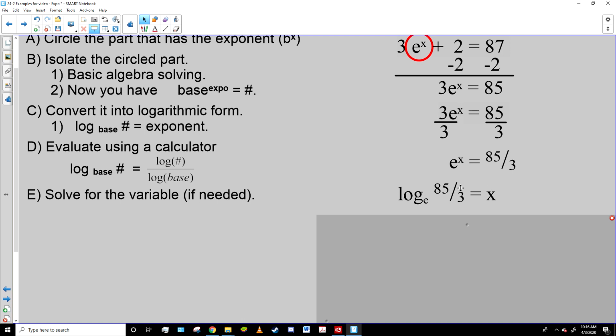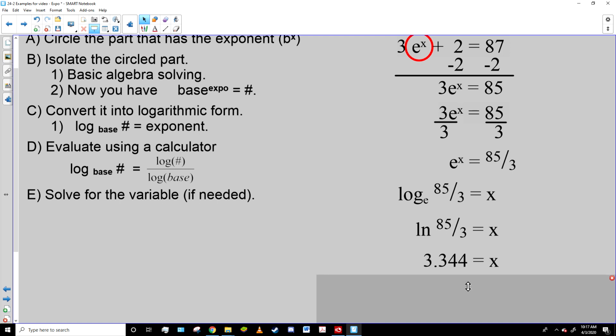But log base e, that's the natural log. So I can just go ahead and say the natural log of 85 over 3, which doesn't require a change of base because there's no set of numbers. So I just press in ln on my calculator, 85 over 3, close parentheses, and press enter, and it gives me a decimal. And I round it off to 3 decimal places. And there we are.